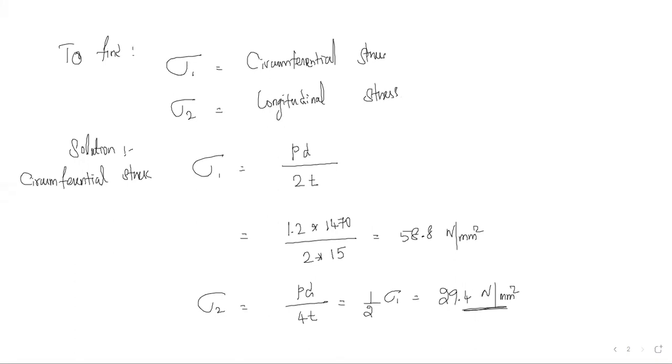So it becomes 60. So if I substitute d is equal to 1500 mm, then the answer becomes sigma 1 is equal to 60 Newton per mm square, and sigma 2 is equal to 30 Newton per mm square. Okay. So we should move on to the next problem, that is problem 2.